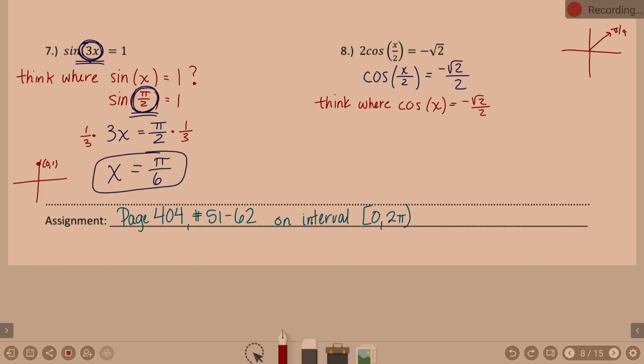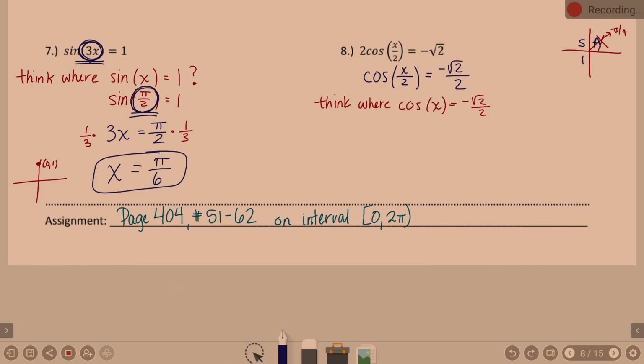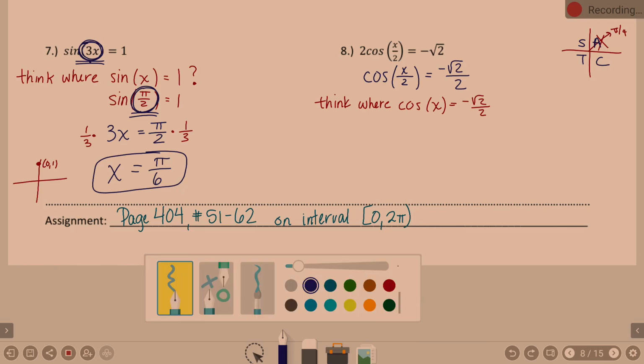But what's the catch here? We're being asked negative. Do I want to look at quadrant 1? No. We want to look at any place cosine is negative. So all students take calculus.